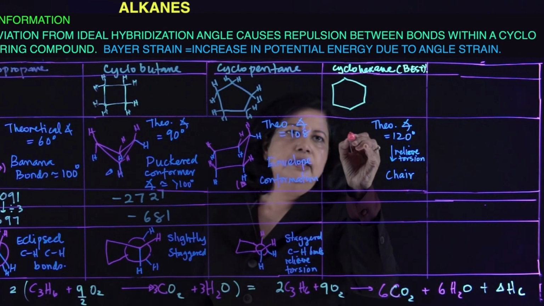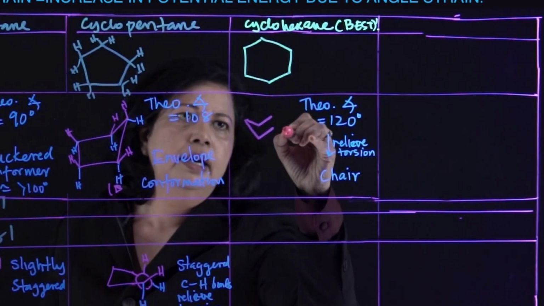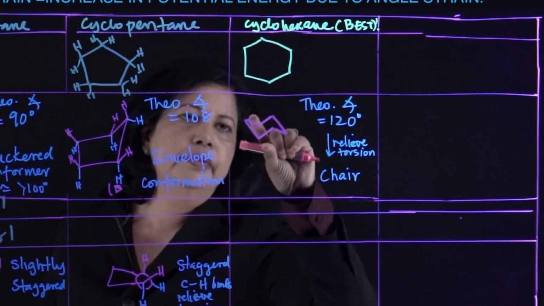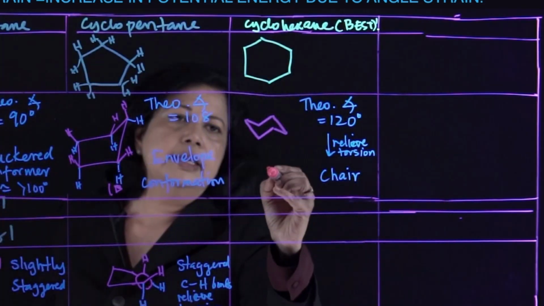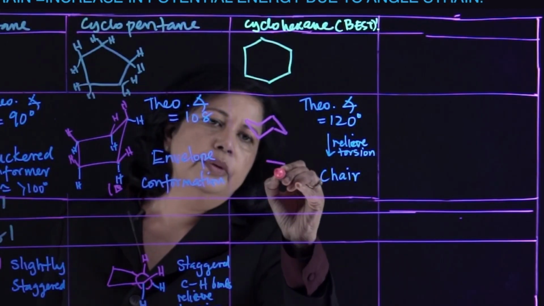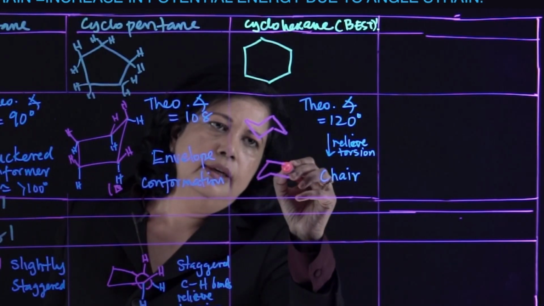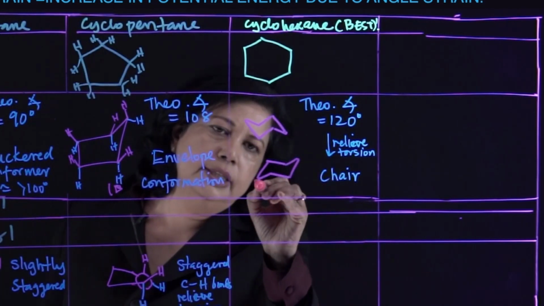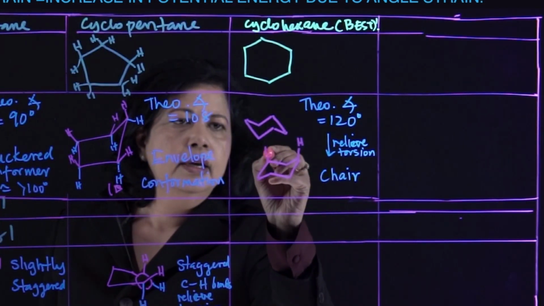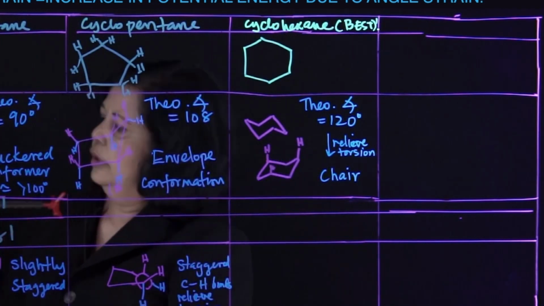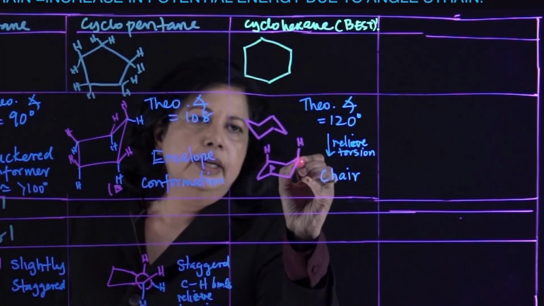So the chairs are going to look kind of like this. So here you're going to have this going up and this coming down, and then it goes to the other chair, flipping like this. So there again you're going to have the chairs then going in the other direction, and we will learn how to draw the chairs. And these hydrogens are going up, vertically up like these red ones, and then you'll see these are on the side, going down, pointing down.